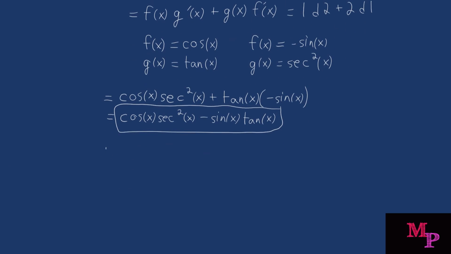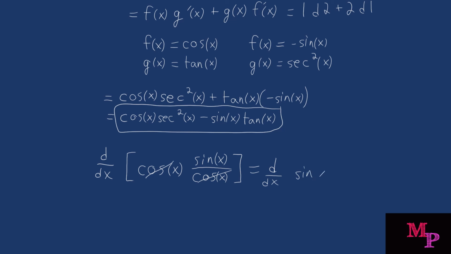So if you apply that identity, instead of taking the derivative of cosine times tangent, that's the equivalent of taking the derivative of cosine times sine divided by cosine. And the cosines would have canceled out. And then you'll be left with the derivative of sine of x.